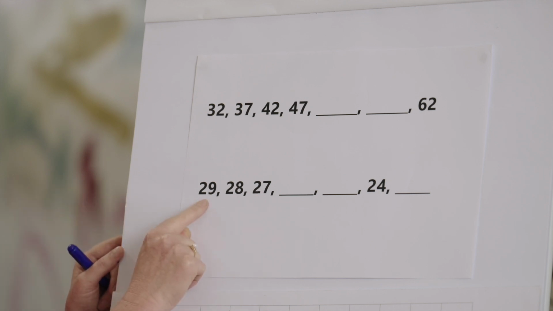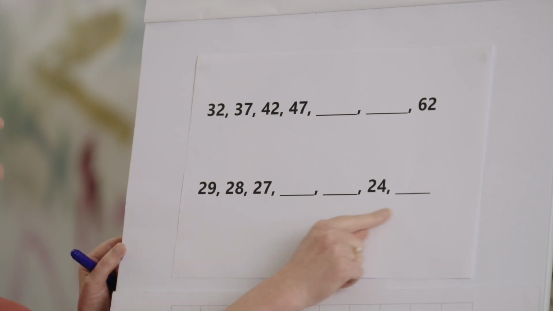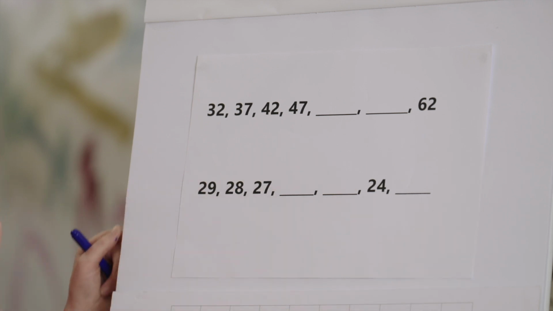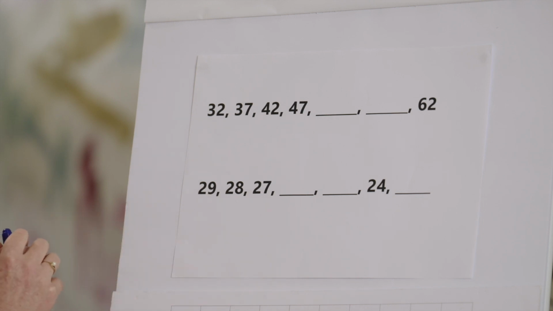And our bottom one is 29, 28, 27, and some missing numbers. So let's have a think. Are these numbers getting larger or smaller? And how so? Where's the pattern?